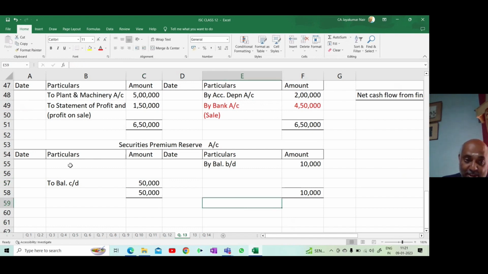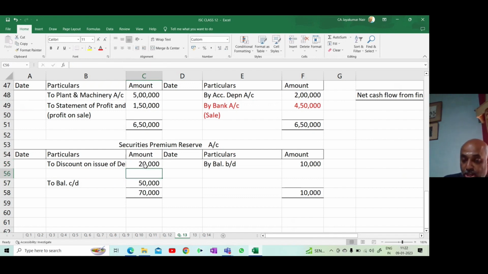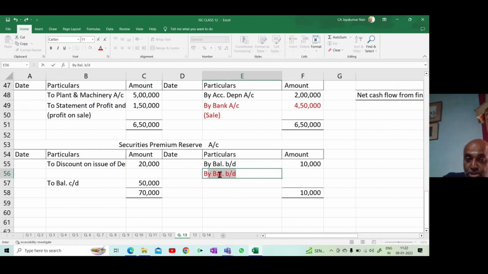They have said very clearly that discount on issue of debentures has been written off. So, to discount on issue of debentures, 20,000. Therefore, at what price did you issue the shares? So you have issued shares at a premium. How much is the premium?